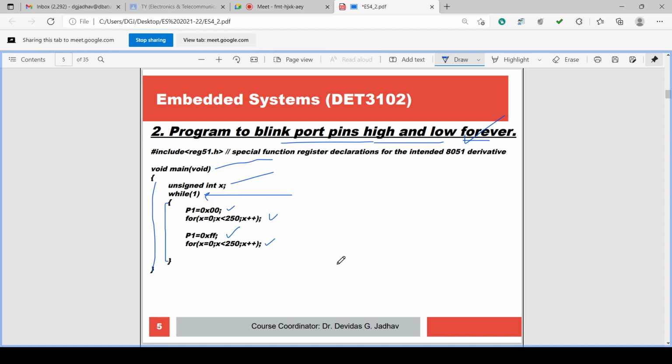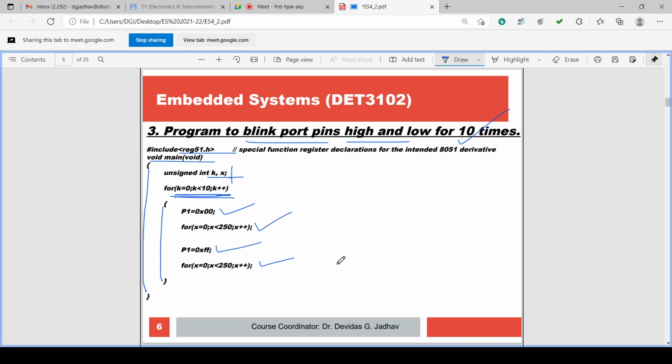Two types of infinite loops we have studied: one is for(;;), and second is while(1). We have discussed the for loop ended with delimiter semicolon also.